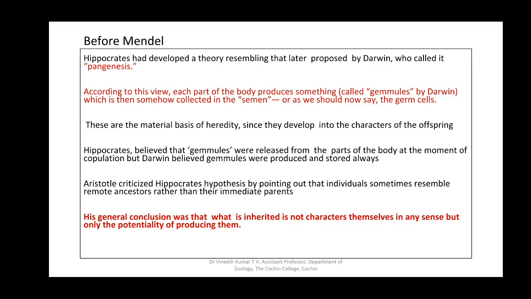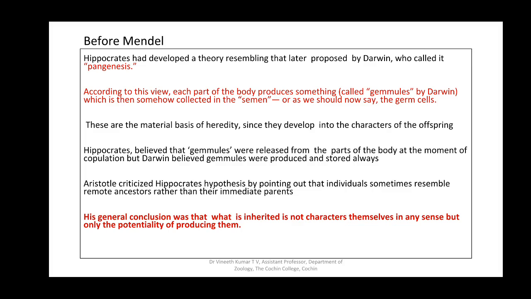So what they suggested was that every organ in our body produces certain factors, and these factors are released into the blood or body fluids, and from the body fluids, these particular structures. What Darwin and Hippocrates proposed was that these are the characters themselves.